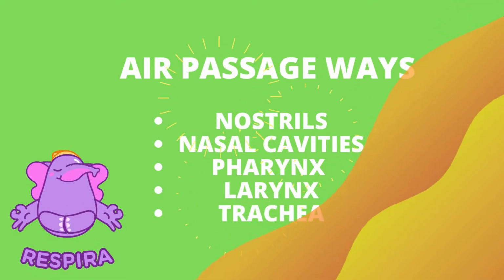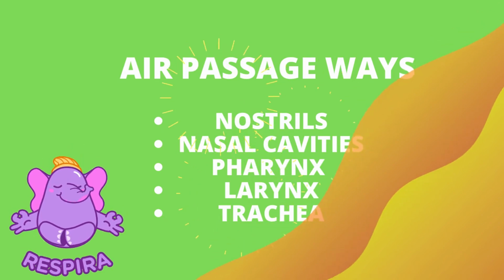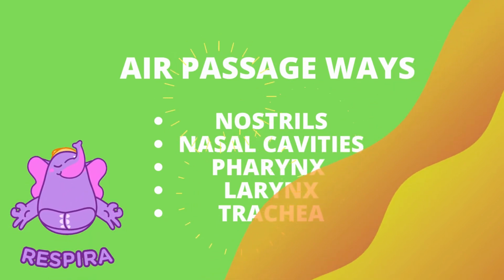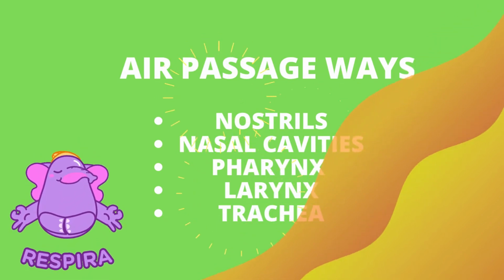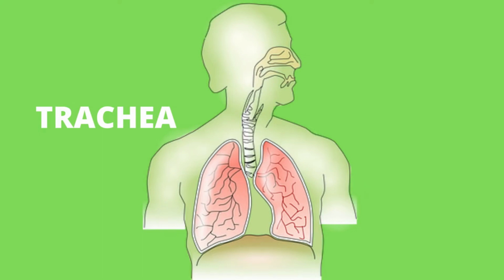We have discussed nostrils and nasal cavities. Air enters from the nostrils, then passes through the nasal cavity, then pharynx, then larynx, and the next portion after the larynx is called the trachea. Now we will discuss the trachea. Here you can see a tube is present. That tube or pipe is called the trachea.